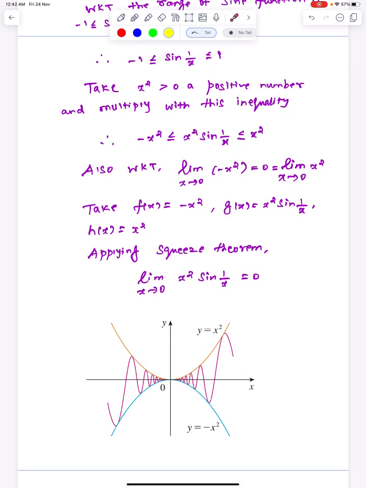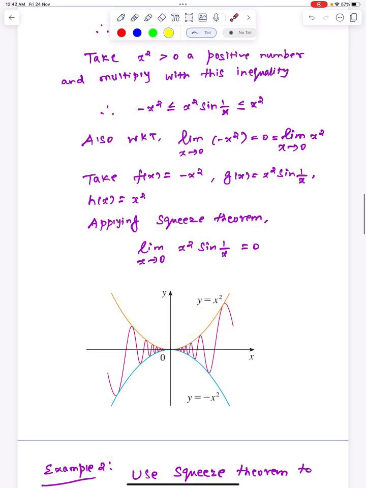Now how can we describe this as a picture? You can see this picture. In the upper half of the x-axis, you can see the parabola y equal to x square has been drawn in this way, and you can also see the parabola y equal to minus x square, which is drawn below. And what is this?